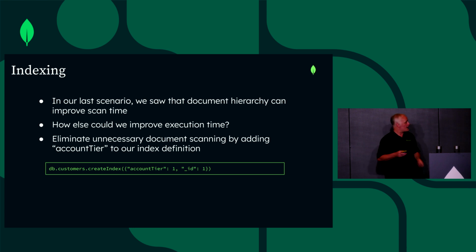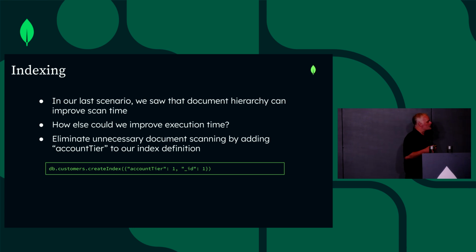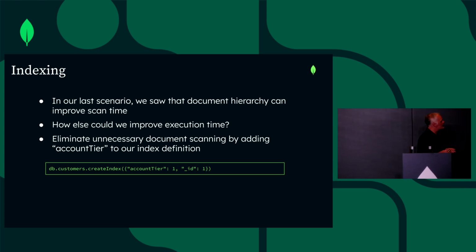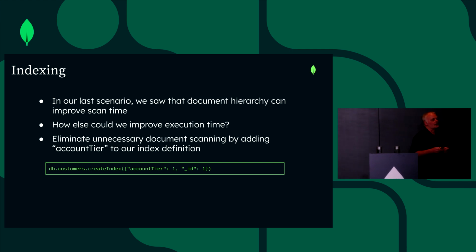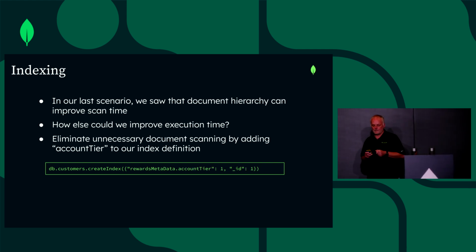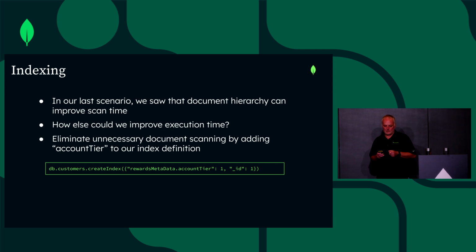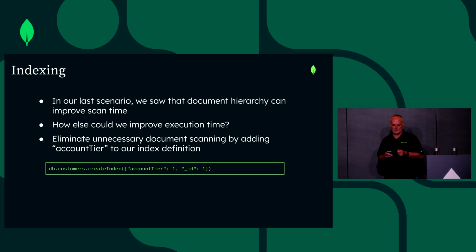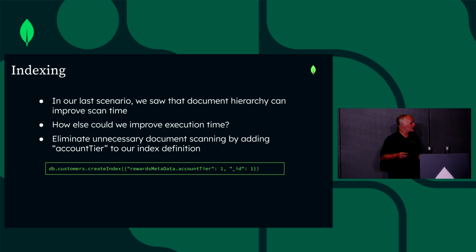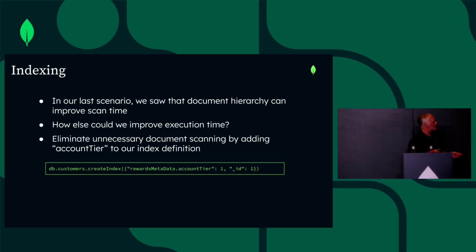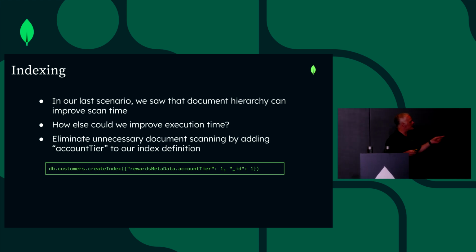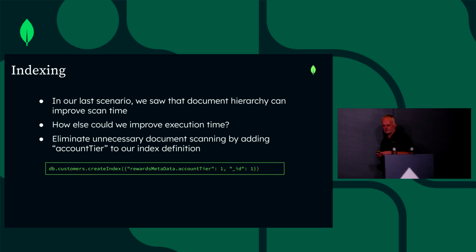So we add our index: db.customers.createIndex, account tier here, and then _ID. In our first option, where we have the hierarchy, the index is slightly different because we've got to add it on rewards.metadata.account tier, and then _ID.